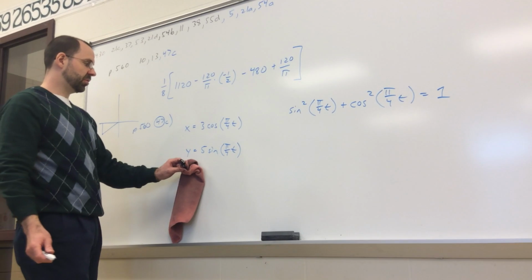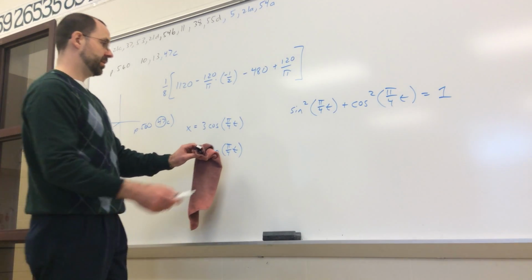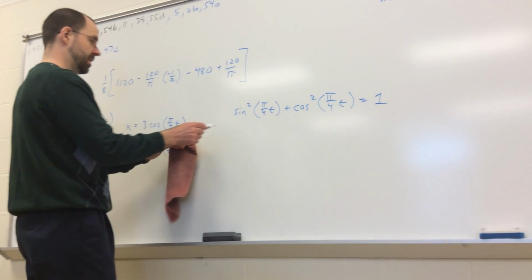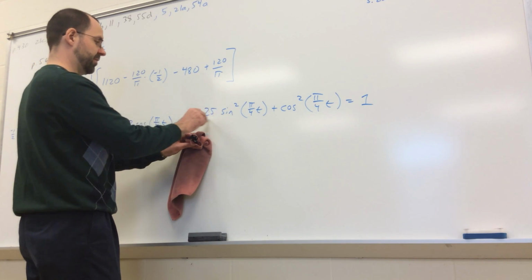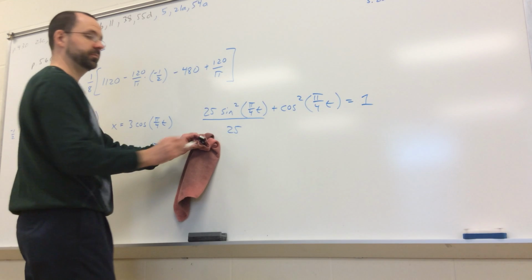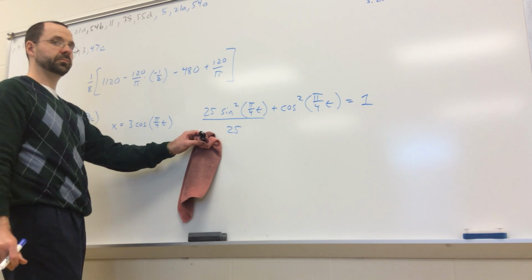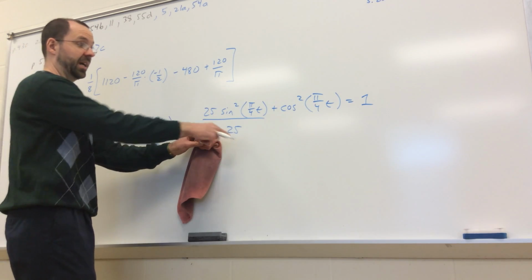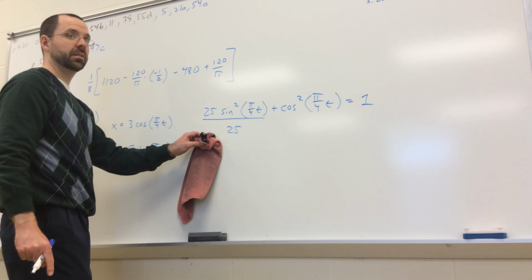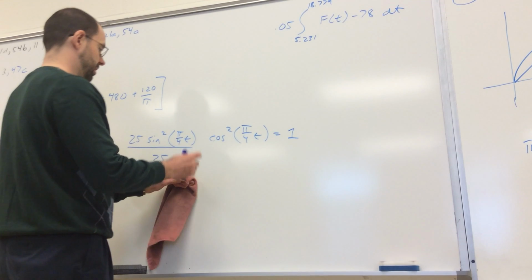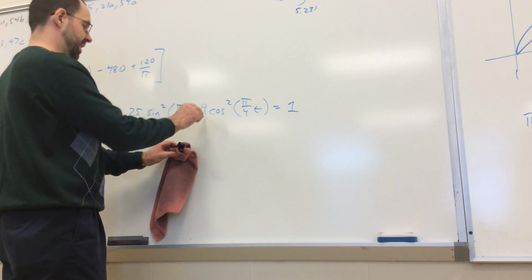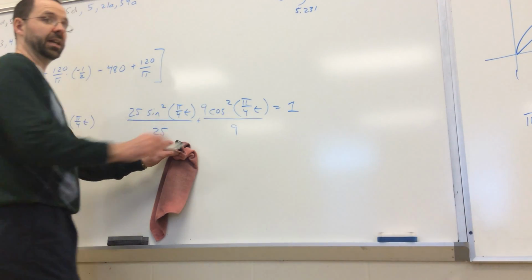Okay, so next I'm going to take the sine and multiply it by 25 and divide it by 25. I can do that because I didn't do anything. And then for the cosine, I'm going to multiply it by 9 over 9. Again, completely legal.